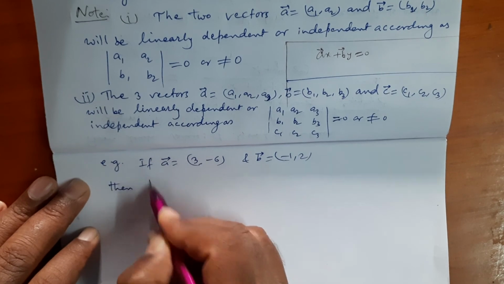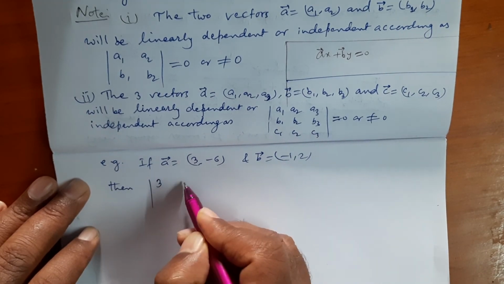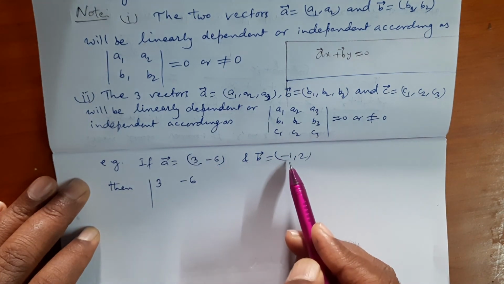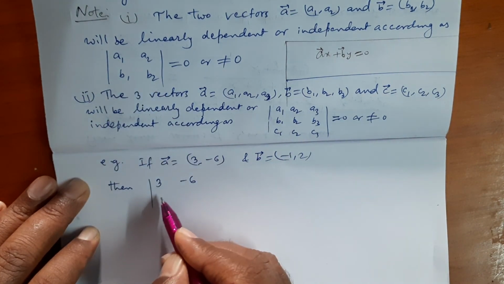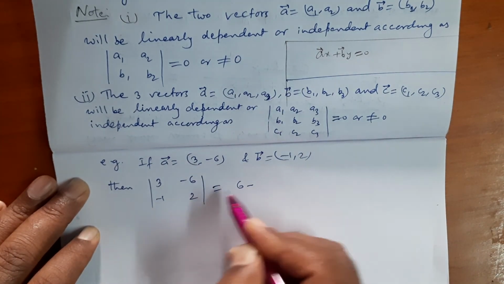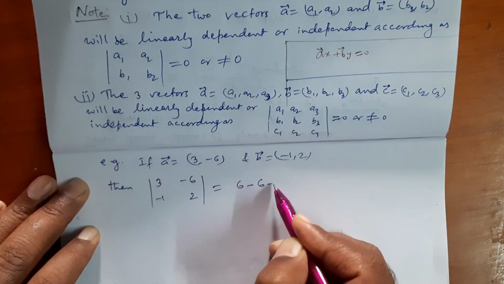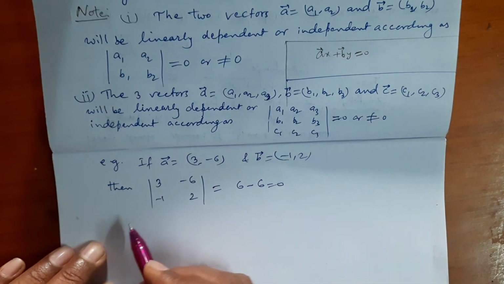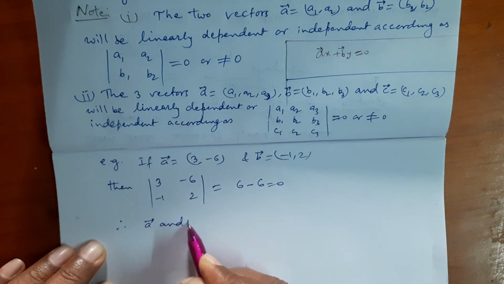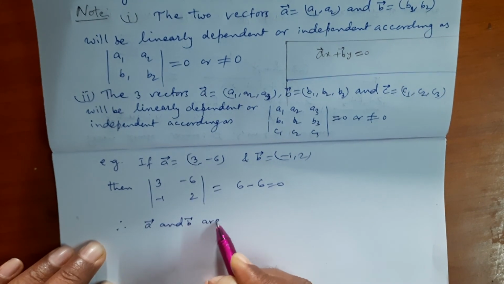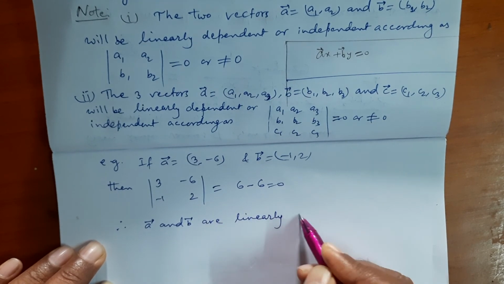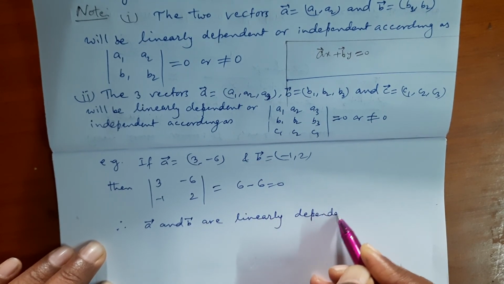Then let's find the determinant. 3, minus 6 is like a1, a2, and minus 1, 2 is like b1, b2. Let's find the determinant. It is 6 minus minus 6, which is plus 6, equals to 0. Okay, therefore vector A and B are linearly dependent.